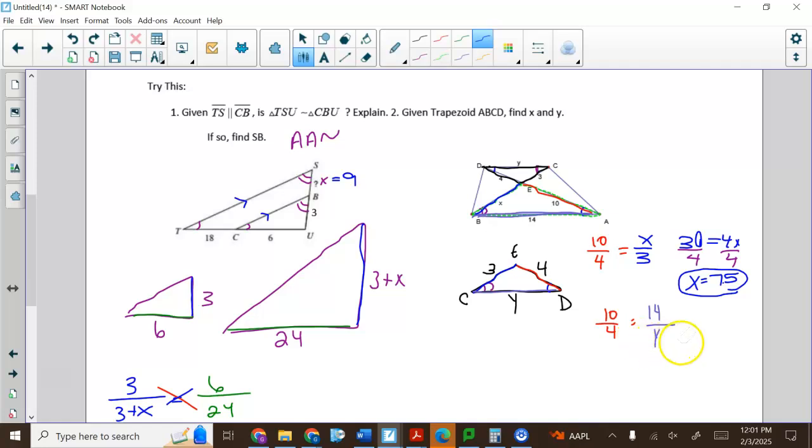For this one down here, we can cross multiply. 10y equals 14 times 4, which is 56, and divide by 10 to get y to be 5.6. All right, let's go to the next page.